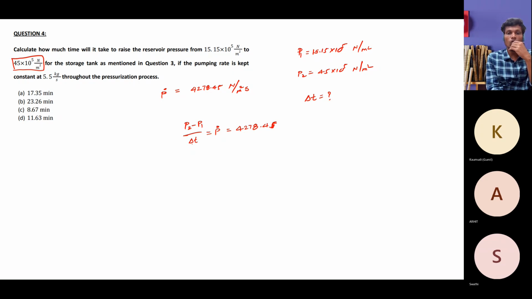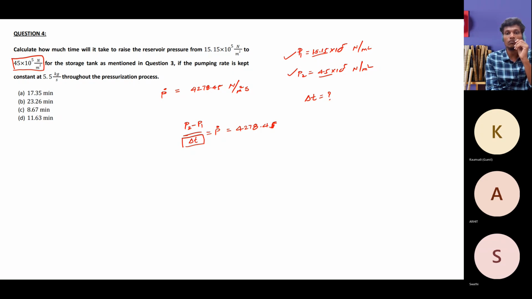So they're asking how much time you require to change the pressure in the high pressure storage tank. If it is now at 15.15 and you want to increase it to 45, how much time does it need? It is again simple, like a distance-velocity kind of formulation.